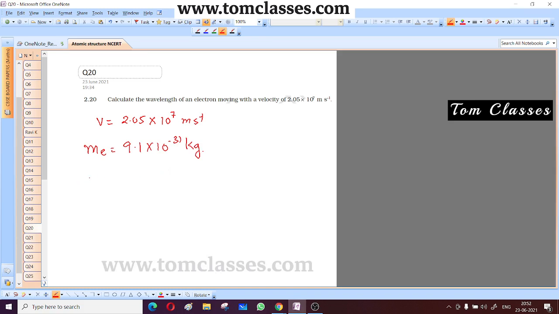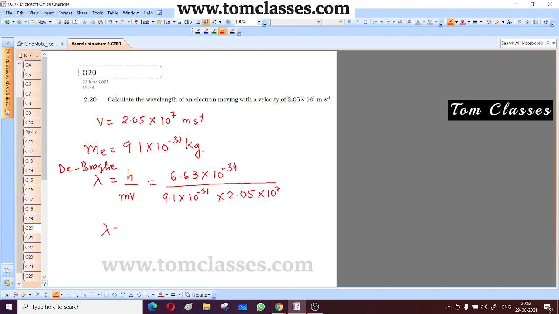So then for the wavelength, we will use the de Broglie equation, right? De Broglie equation: lambda is equal to h by mv. So this will become 6.63 × 10^-34 divided by the mass of the electron, 9.1 × 10^-31, into 2.05 × 10^7, right?